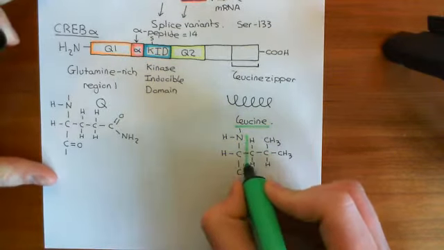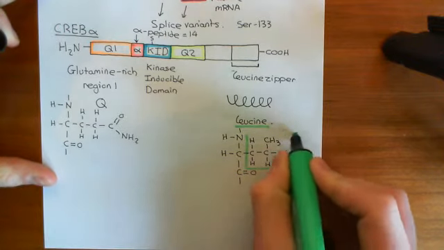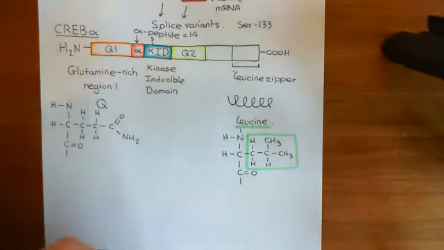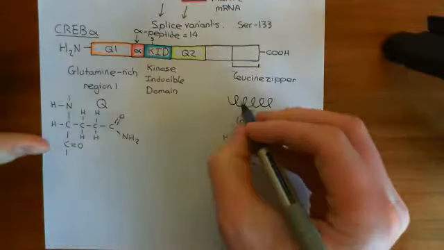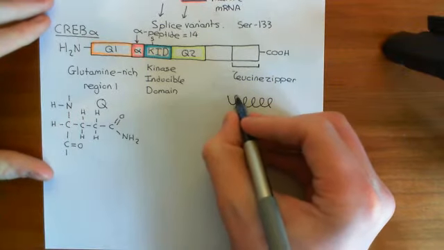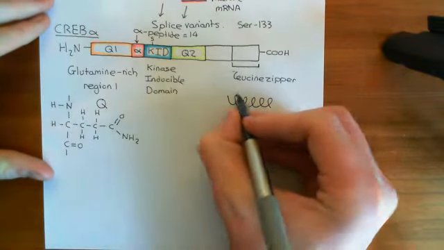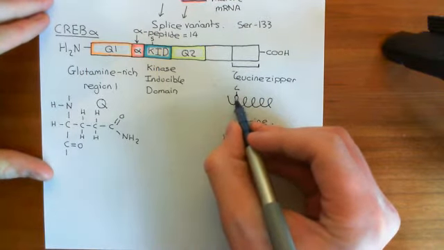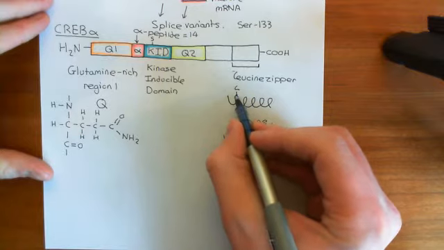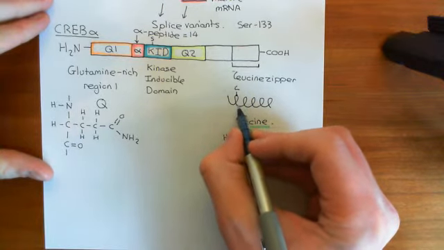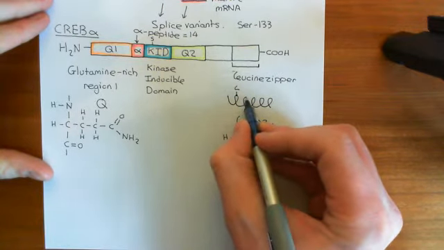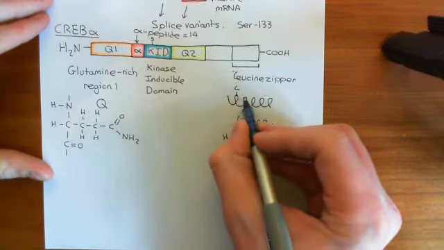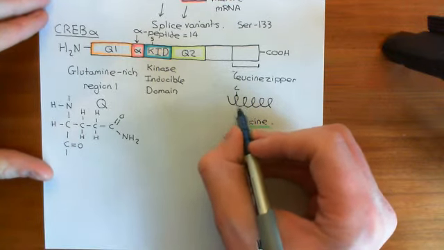The idea is that within this leucine zipper region of the CREB protein, you will have leucine residues every 7th amino acid. So let's say this amino acid here is a leucine, then you'll count up another 7 amino acids: 1, 2, 3, 4, 5, 6, 7, and then you'll have another leucine residue. Now, I've over-exaggerated here.